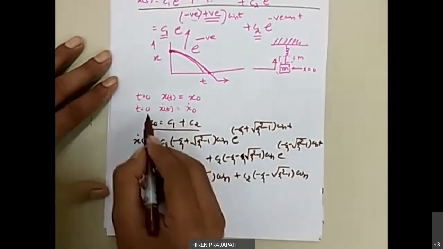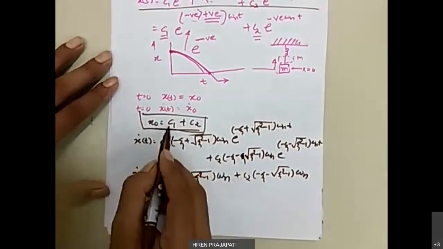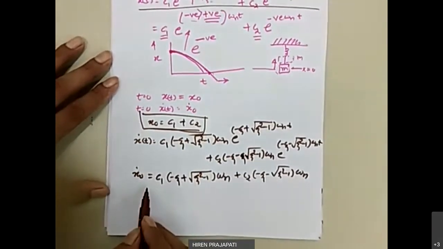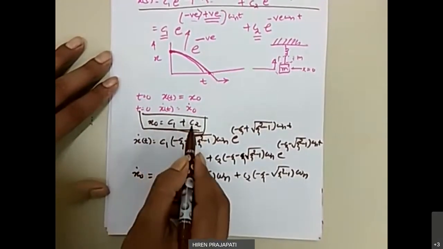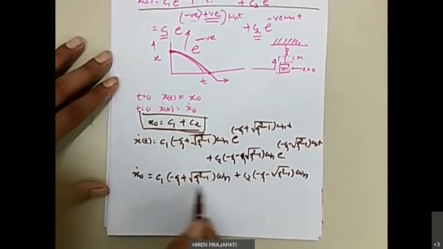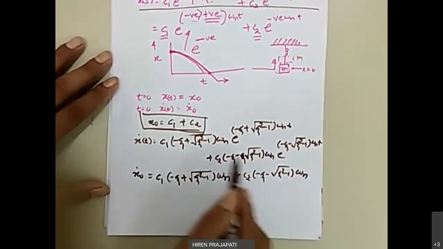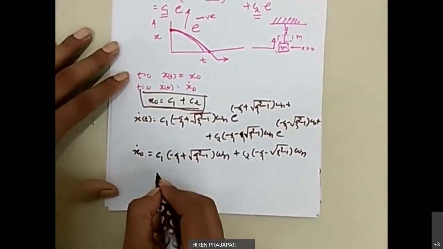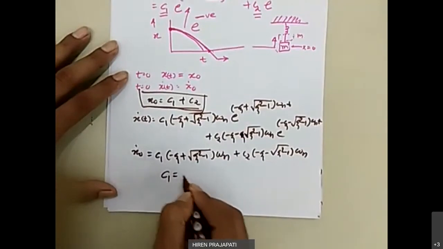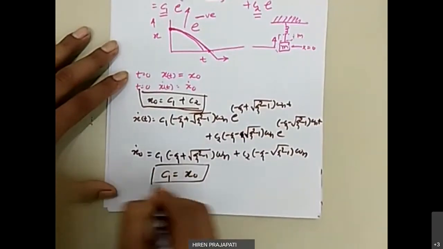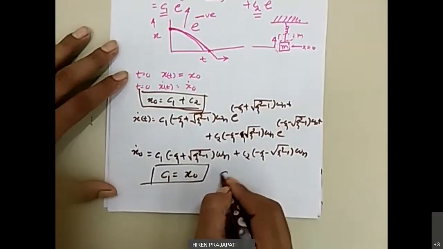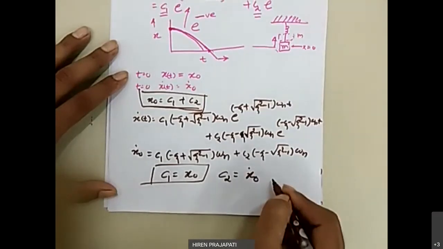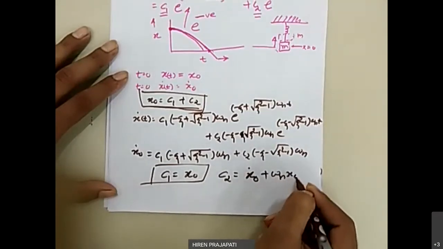Now two unknowns and two equations, so they are easy to find. What we'll do now is, instead of c1, just put x0 minus c2 in this equation and solve it. If you solve this equation, you will find that the value of c1 is equal to x0, and the value of c2 is equal to x dot 0 plus omega n x0.